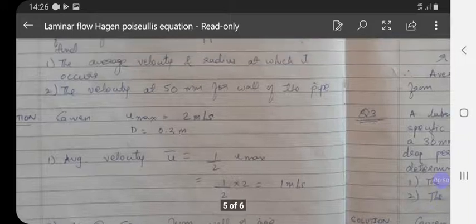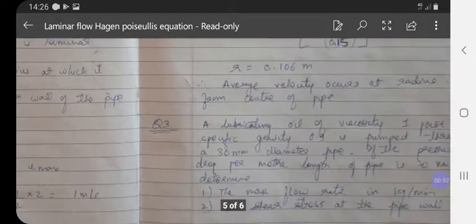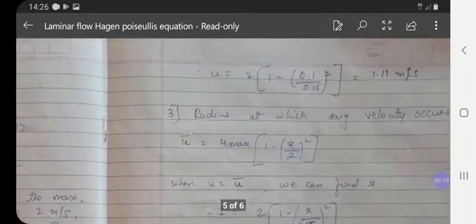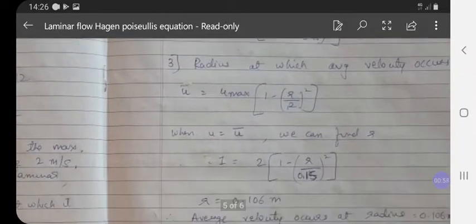And at what radius does it occur? For this we can use the formula of u directly. So u is equal to u max into 1 minus r upon capital R, whole square. In the derivation we have seen this. So when u is equal to u bar, we can find out what r is.